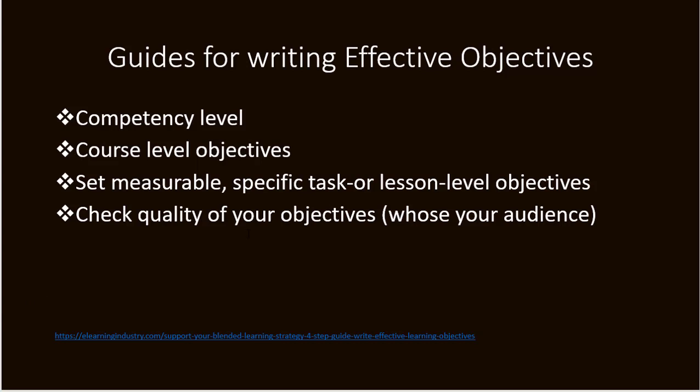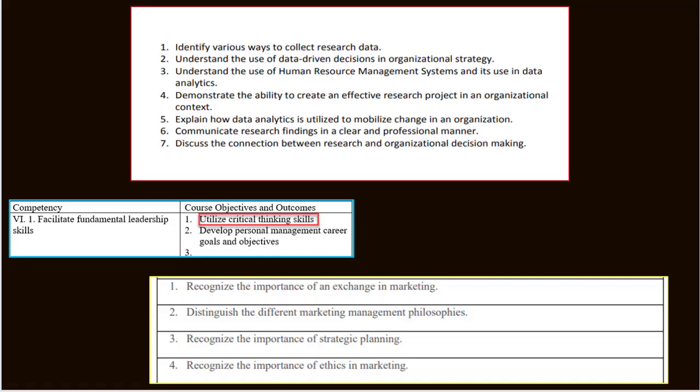Also, your objective should be written from the perspective of a student. So here's now an example of some poorly written objectives. Not every one of these examples, but these are actual objectives that some of my students in the class wrote. So in identify, it's very good. Understand the use of data. How do I know how well or how poorly the student is understanding something?